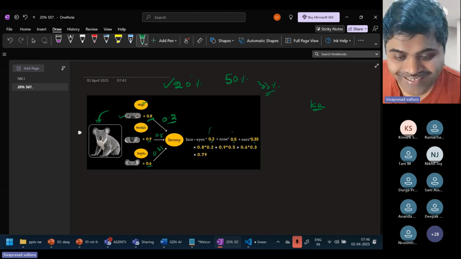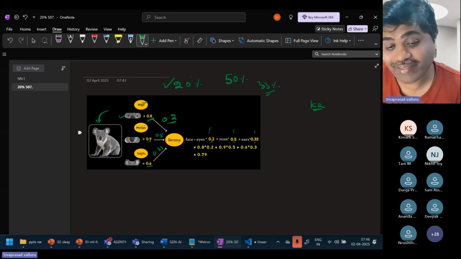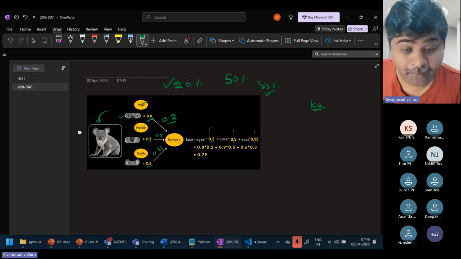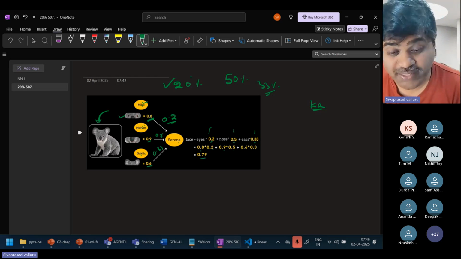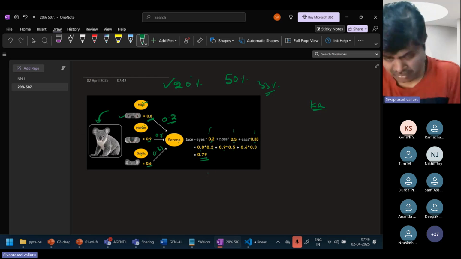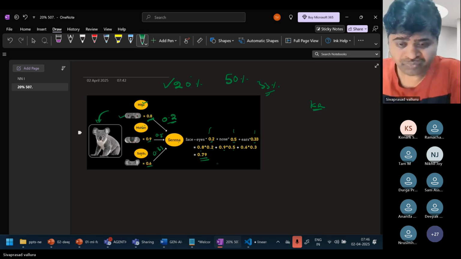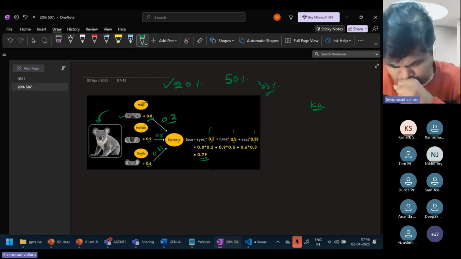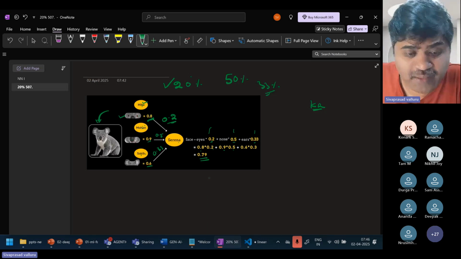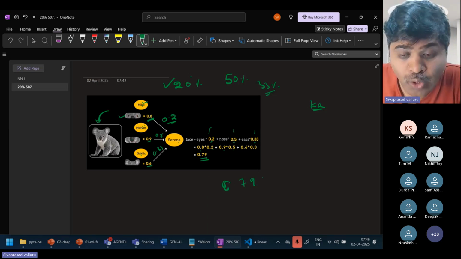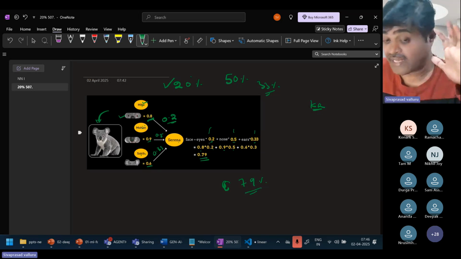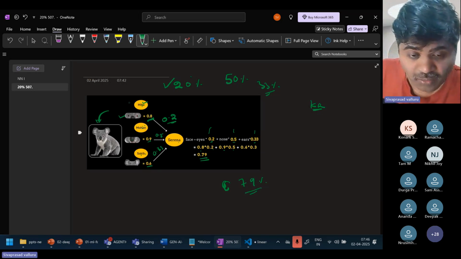These are called weights in our terminology. Applying this formula, 0.8 into 0.2, 0.9 into 0.5, and so on, we got 0.79. So Serena can say, okay, this image is 79% koala, but it is taking its decision based on these three people.